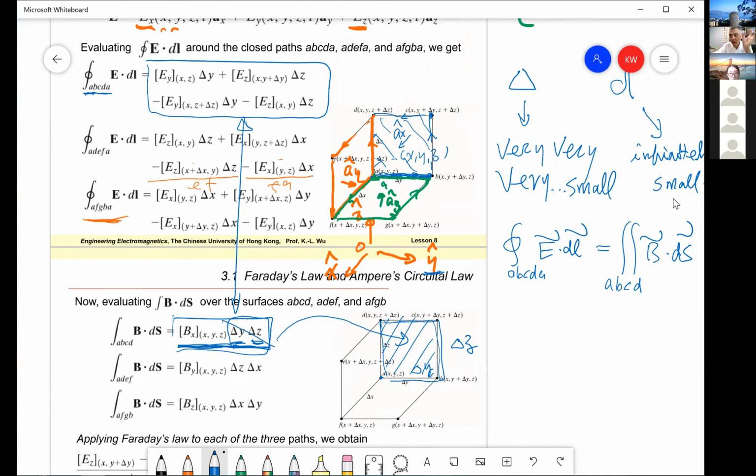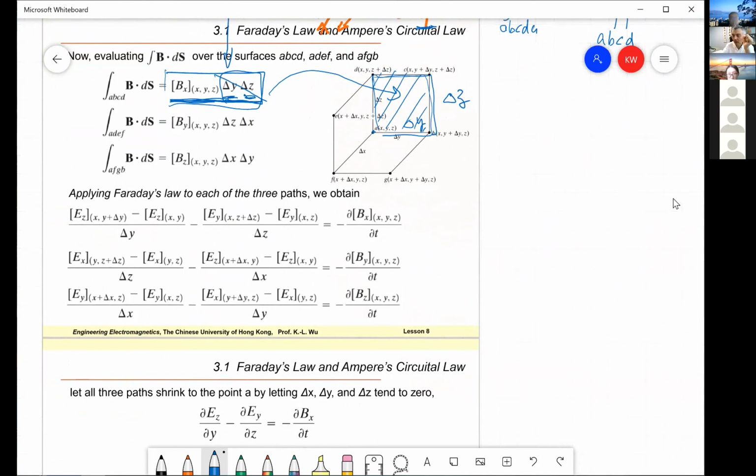When this term is divided by delta y, delta z, delta y cancels and I have delta z left. For this term, delta z cancels and I have delta y left. The same as this one: I have delta z left, and I have delta y left. The delta y terms combine with delta y, the delta z terms combine with delta z. We have the first equation generated.